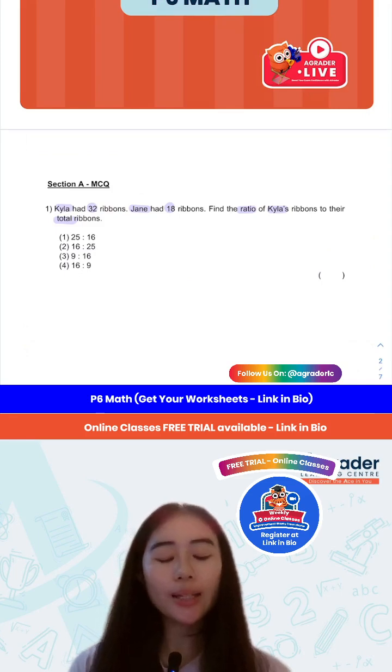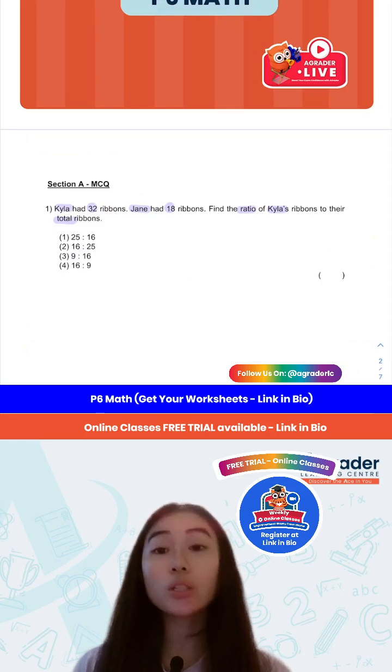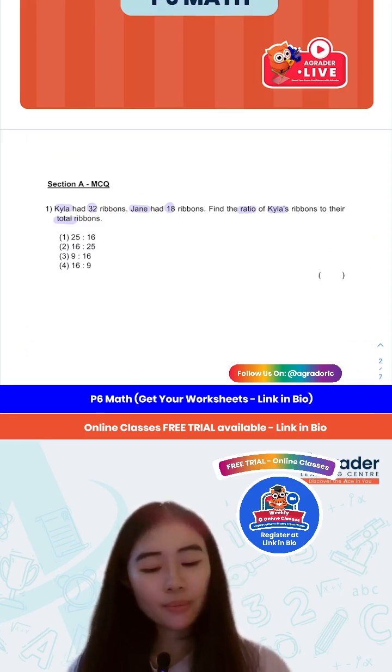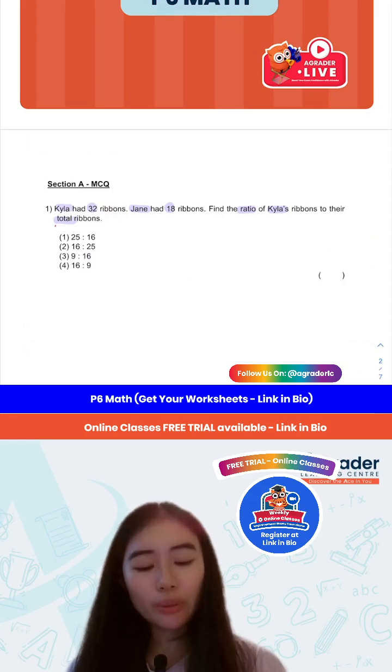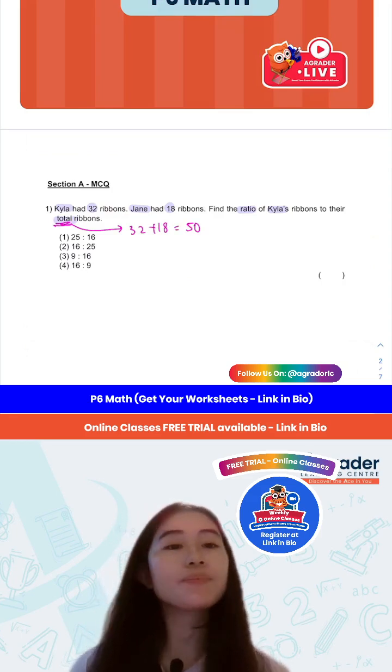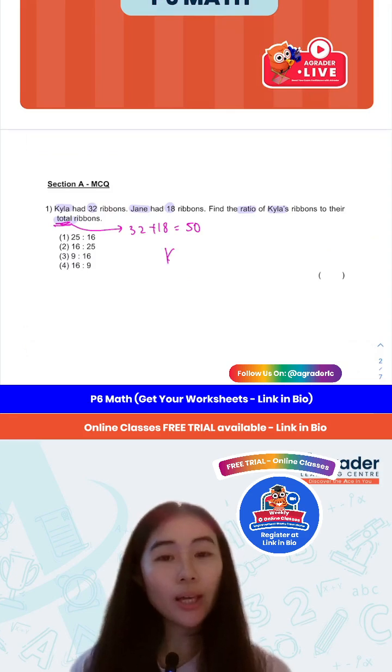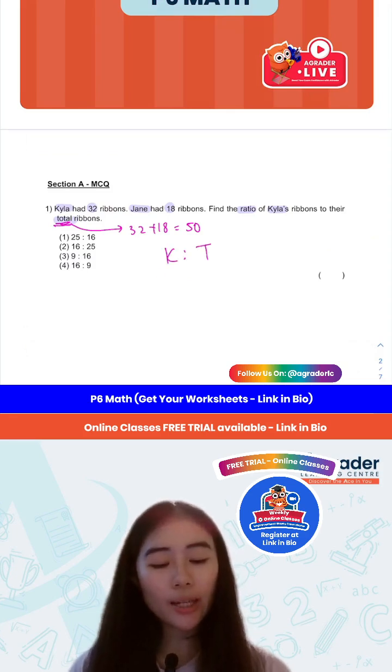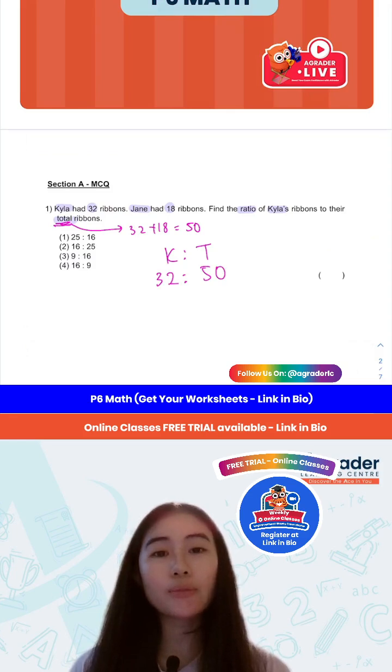So Kyla had 32 ribbons, Jane had 18. Find the ratio of Kyla's to their total ribbon. Okay, so I'm going to find the total ribbon first. Total ribbon would be 32 plus 18, which is 50. So after that, Kyla to total. Kyla is 32, the total is 50.